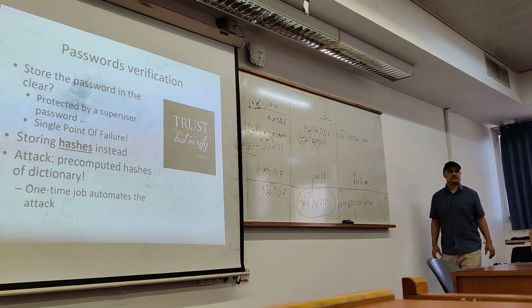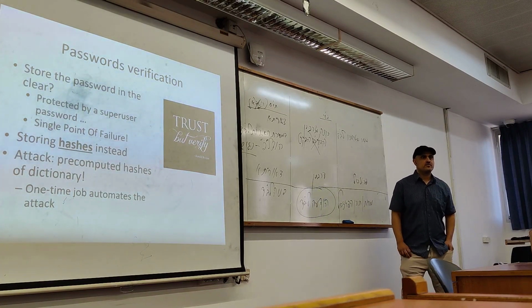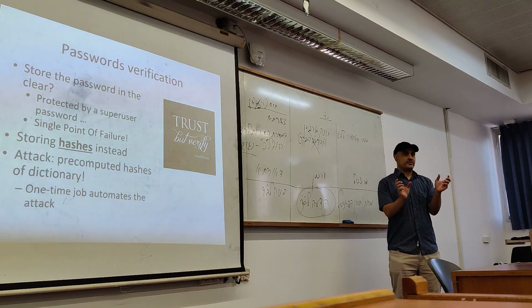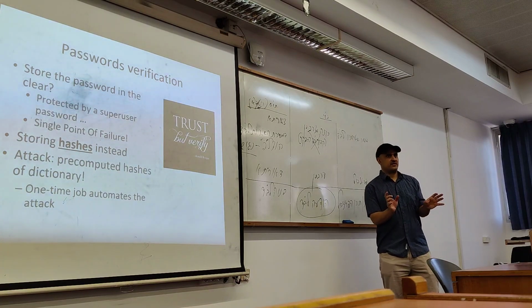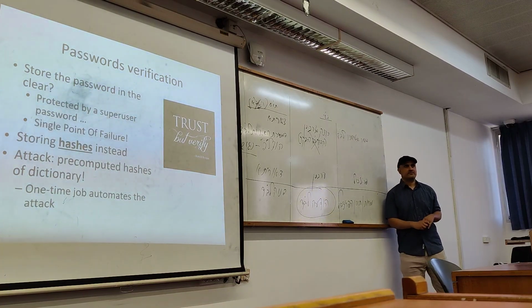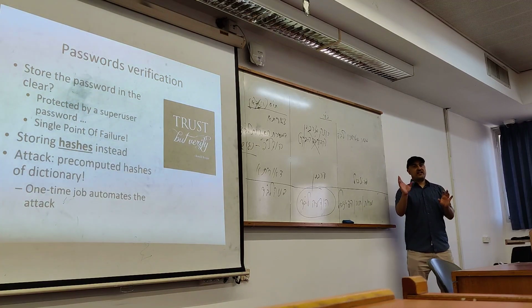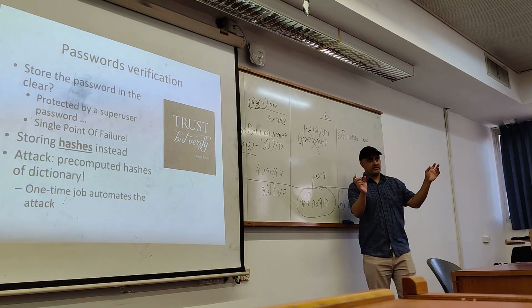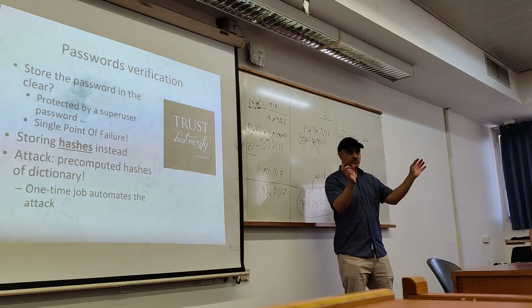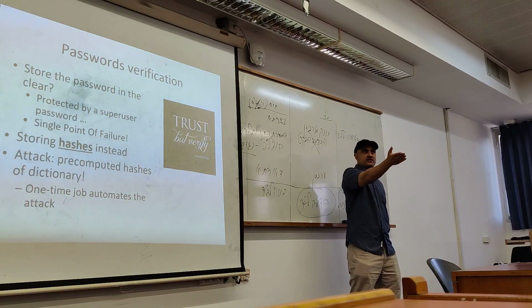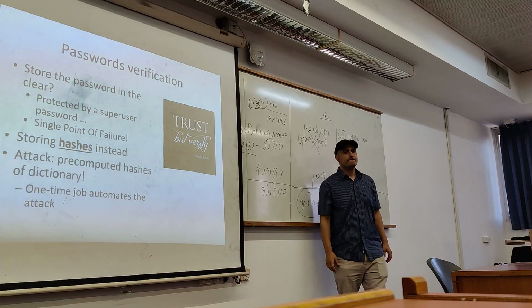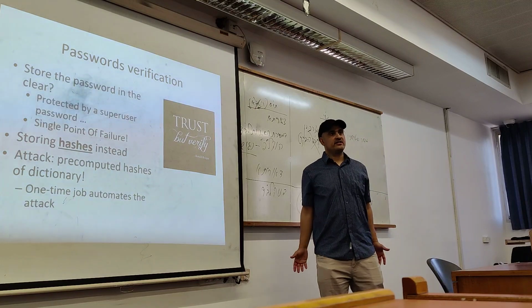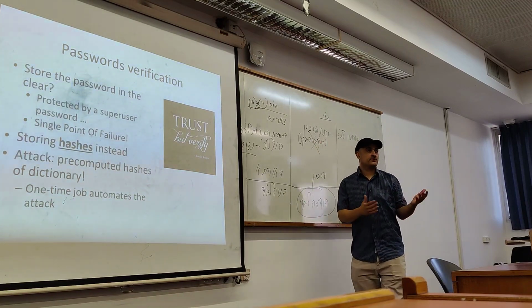Question? Wouldn't we have to know the hash function before? Yes, if he wants to do it, he can get the hash function and then compare the hashes he gets from the dictionary attack. You've got the hash. Now he takes a word from the dictionary, computes the hash, and compares them. But what if they use SHA-256 or something else? How do you know which hash method they use? Actually, it's something that we don't obscure, as I told you.